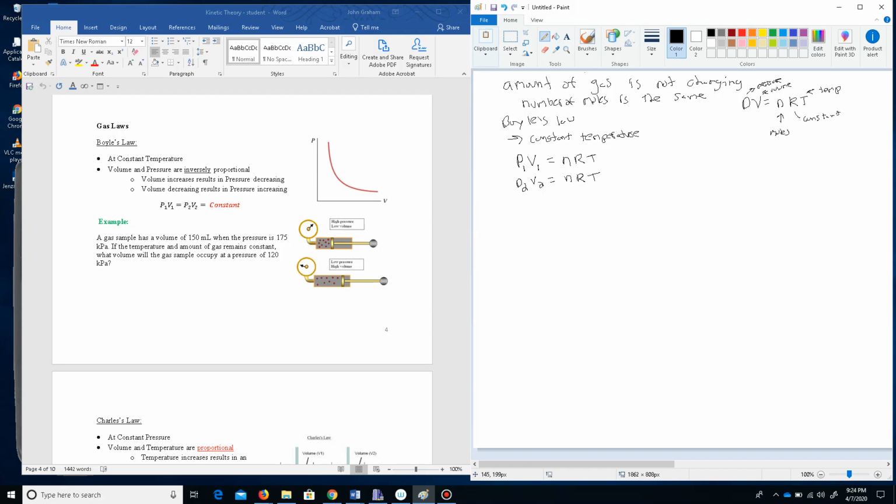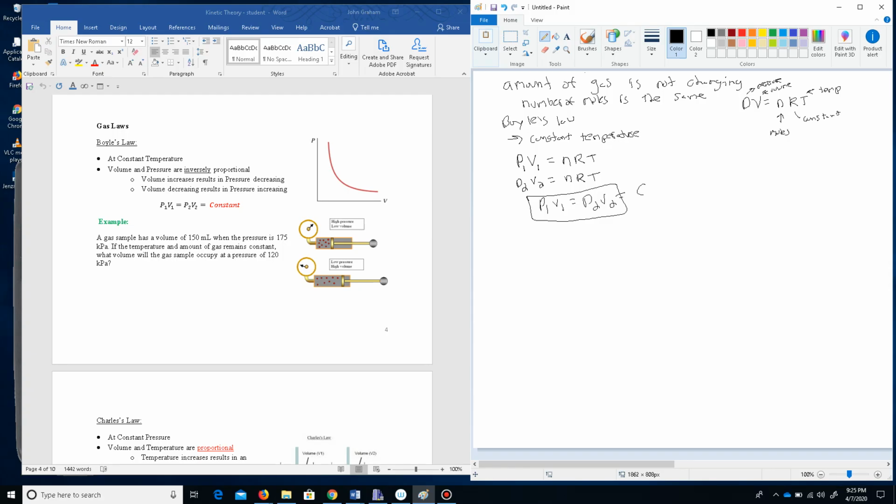And so we get P1 V1 equals nRT, as well as P2 V2 equals nRT. So P1 V1 equals P2 V2, and this is Boyle's law. It equals some constant, which is nRT, depending on the number of moles and the temperature. But if you have these different states, you don't even need to know this stuff because you can calculate it from here.